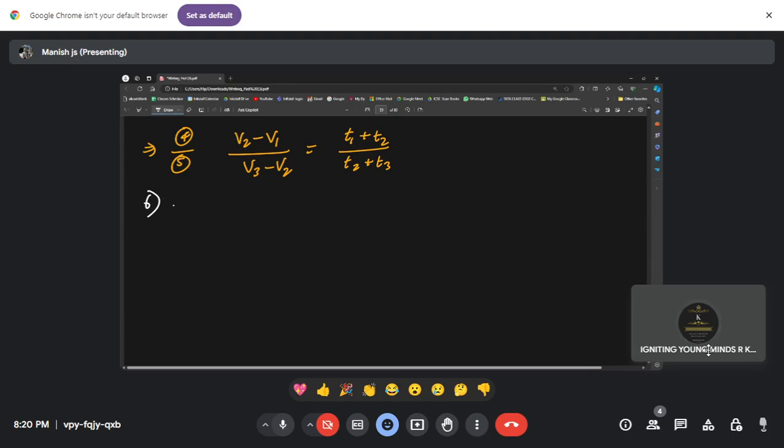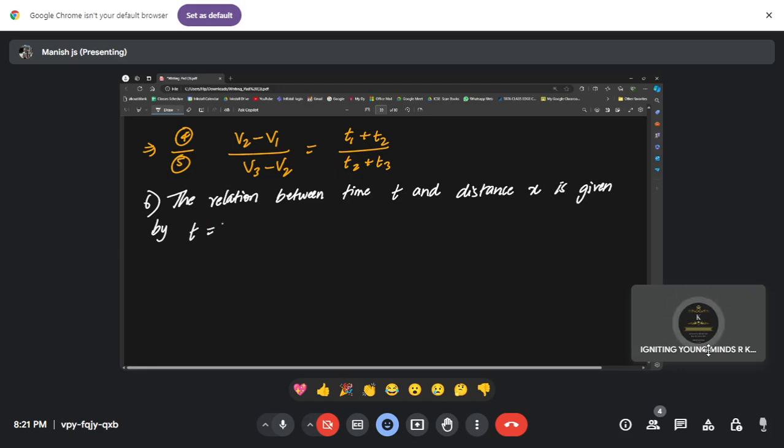Here comes the question. The relation between time t and distance x is given by the expression t equals ax squared plus bx, where a and b are constants.